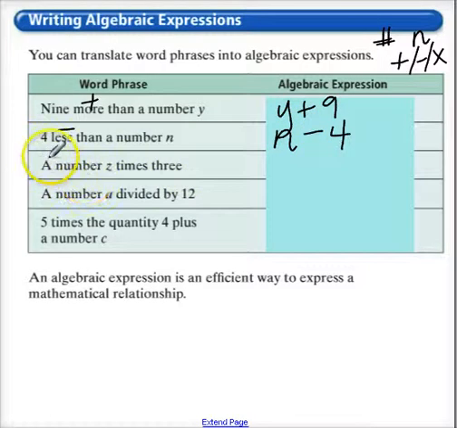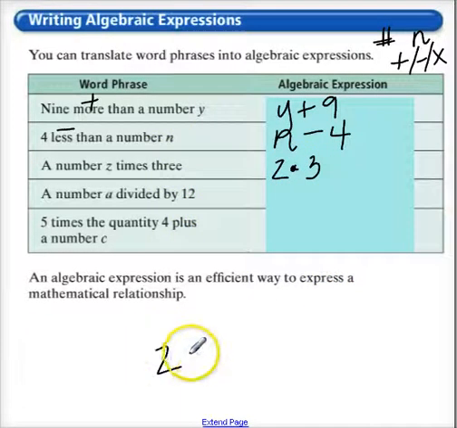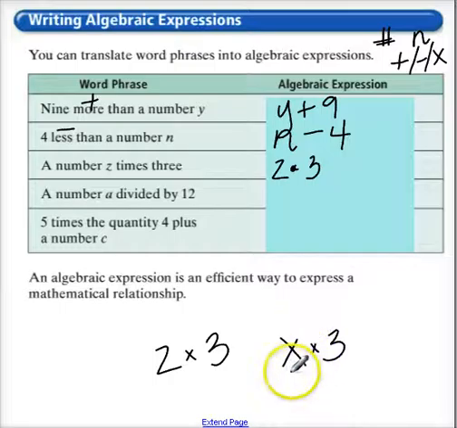Next one, a number z times 3. That one's pretty easy. We can do z times 3. The reason I used a dot to stand for multiplying is because we no longer want to use a little x for multiplying because that can get confused. What if our variable was x? Now I have x times 3 and they look the same.